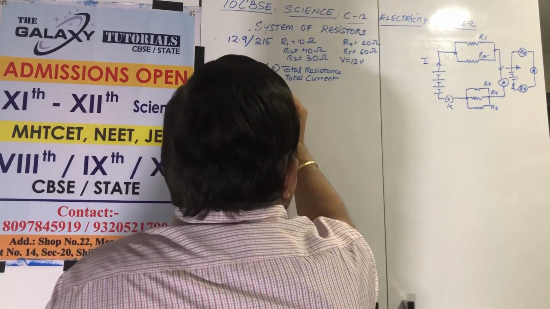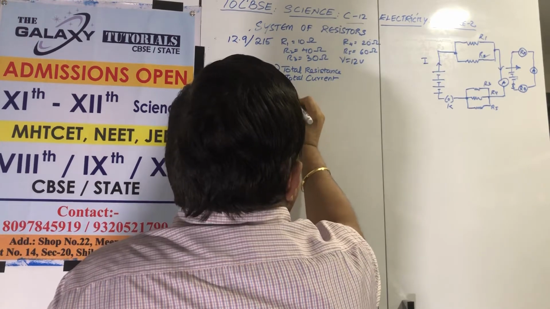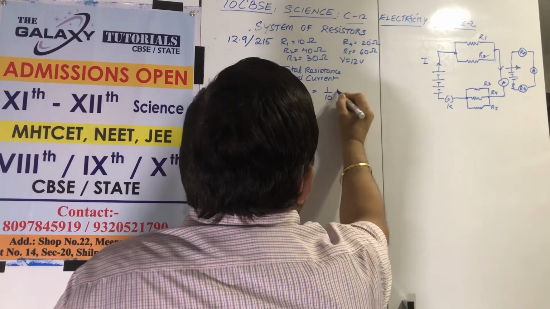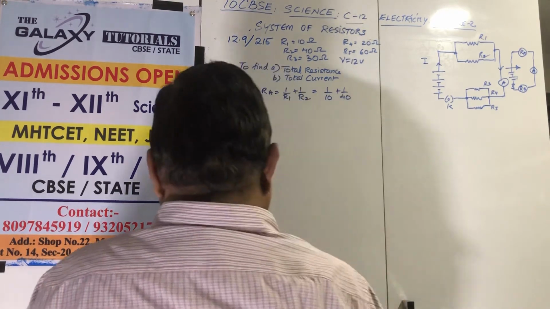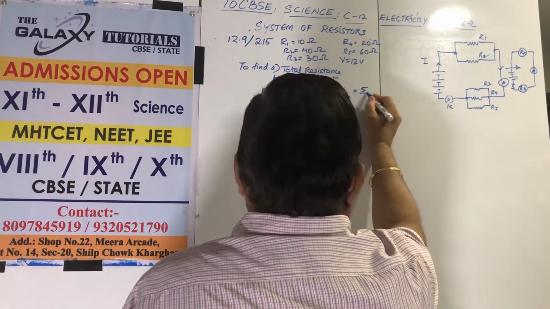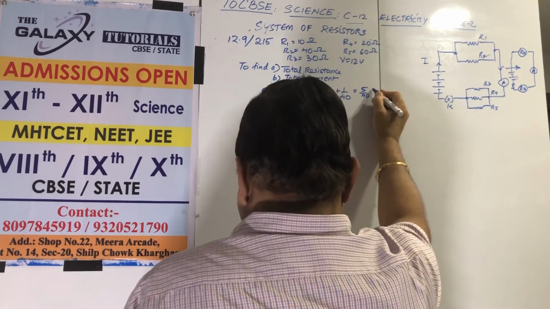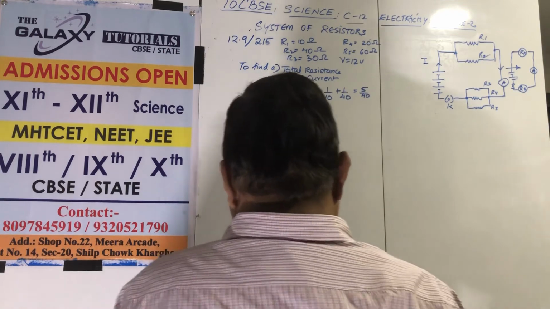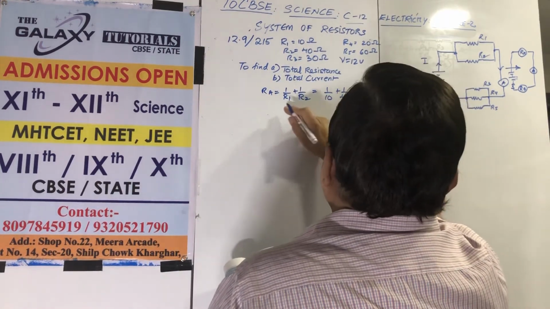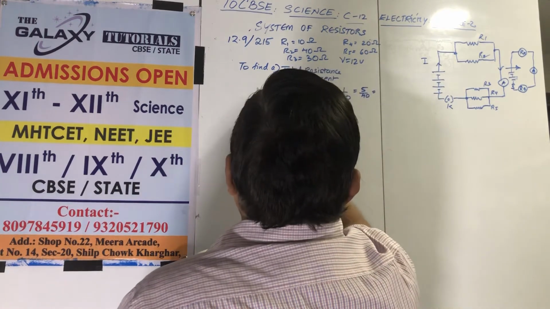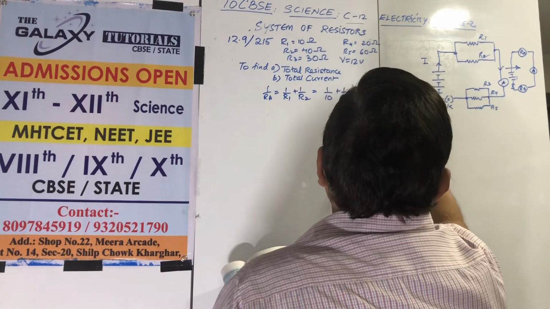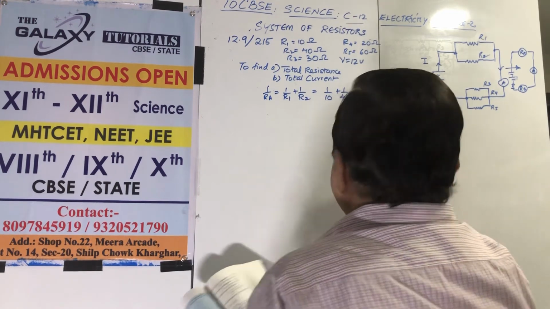First, 1 upon RA is 1 upon R1 plus 1 upon R2. That is 1 upon 10 plus 1 upon 40. Yes, my friends? That will give you 5 upon 40, which is 5 eighths, and when you invert, remember, this is 1 upon RA, don't forget. Therefore, RA is equal to 8 ohms.